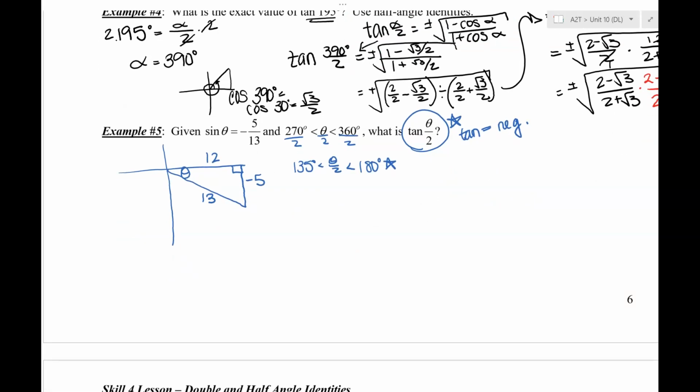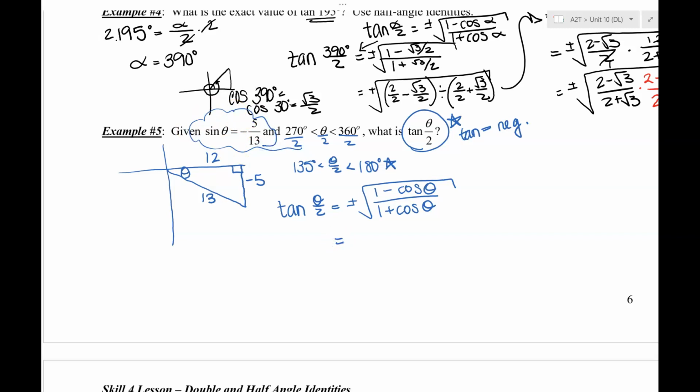So here we go. Tangent of theta over 2 is plus and minus the square root of 1 minus the cosine of theta over 1 plus the cosine of theta. Cosine of theta comes from the original given information, right here, that we built our triangle from.